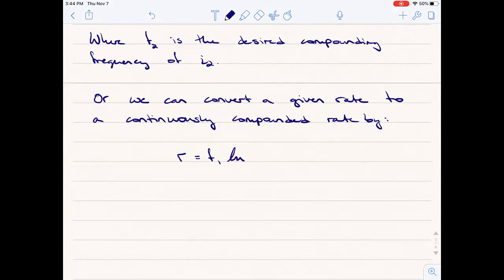Remember, the natural log is the inverse of the e to the x, so it's also in the family of continuous functions, but now we're undoing it. And so times the log of 1 plus I1.